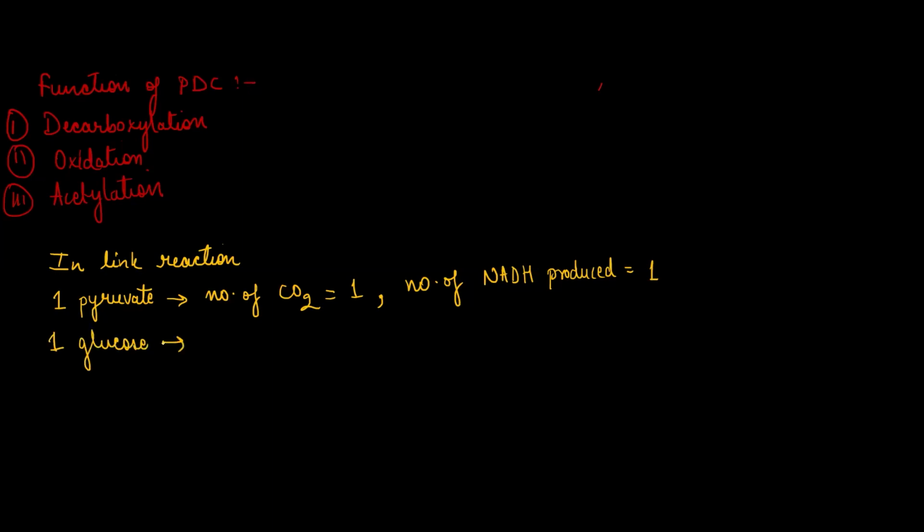how many carbon dioxide and NADH are formed? The number of carbon dioxide will be 2, because from one glucose, 2 pyruvate are formed. And the number of NADH produced is also 2. The number of acetyl-CoA is 1 in the first case, but from one glucose, it is 2.